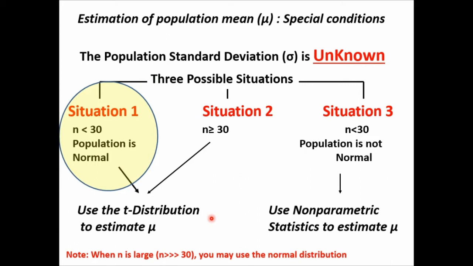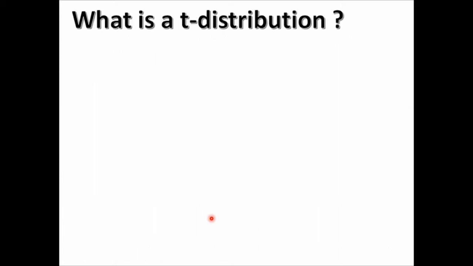Sample size is less than 30. But we are willing to assume that the population is normal and we don't know the standard deviation of the population. And in this case, as I said, we need to use a t-distribution. So let us define first what is a t-distribution and what are the basic characteristics of the t-distribution.